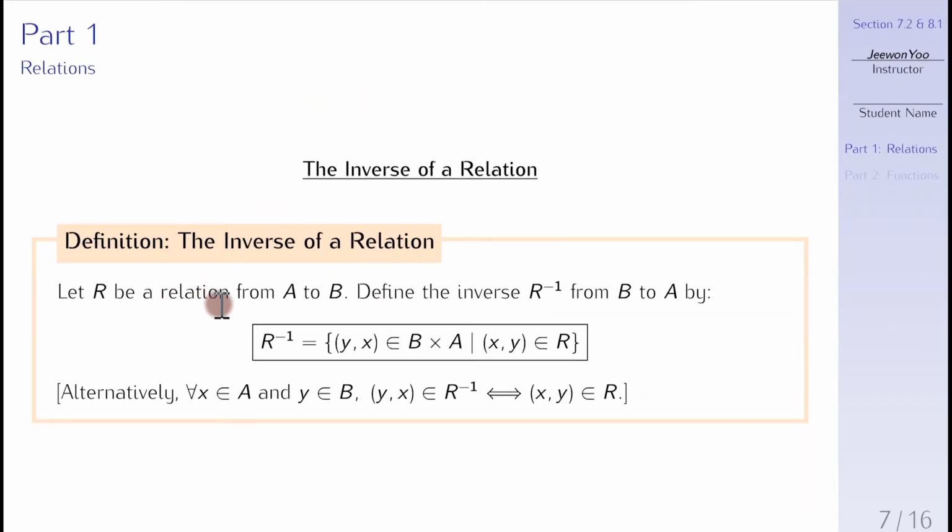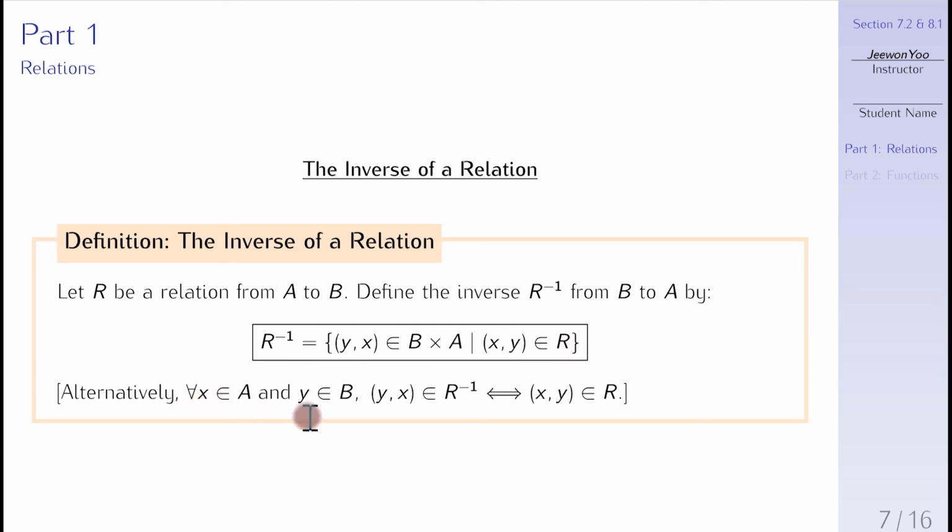Suppose R is a relation from A to B. Define the inverse relation R inverse from B to A by switching x and y. So we now have (y, x) in B cross A such that (x, y) belongs to R. So collect all the elements in R and then switch their coordinate positions.